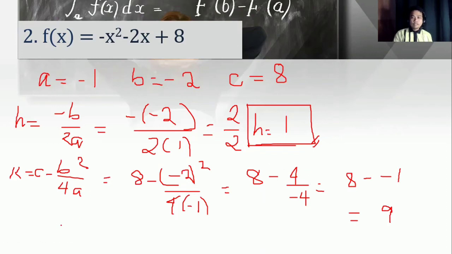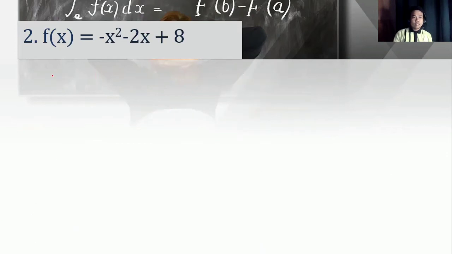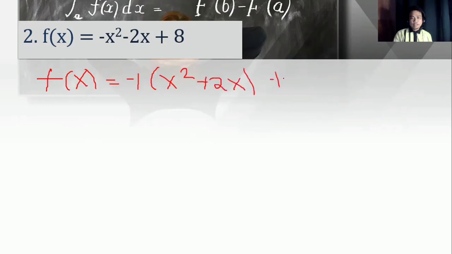Okay, next. Try natin yung long way. So, we have f of x, factor out a, so negative 1. So, we have x squared plus 2x plus 8.